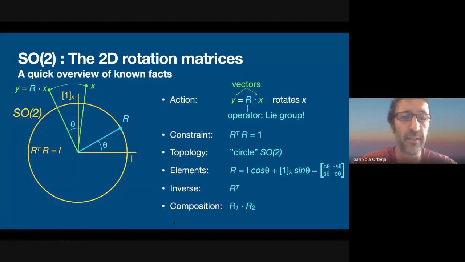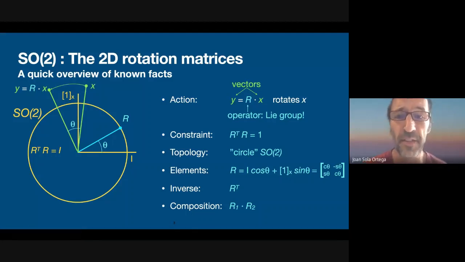If you write the plane in which these things happen, the real axis would be the identity matrix I, and the vertical axis would be a skew symmetric matrix, which I will explain later. So in this plane, all the rotation matrices R define a circle, and we call this circle SO2.